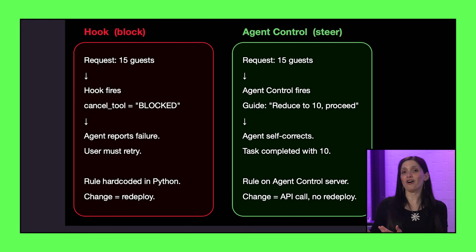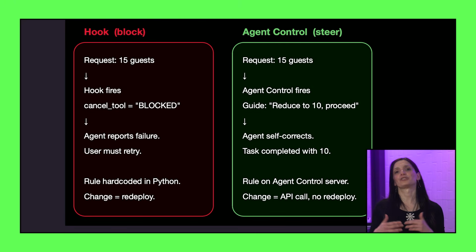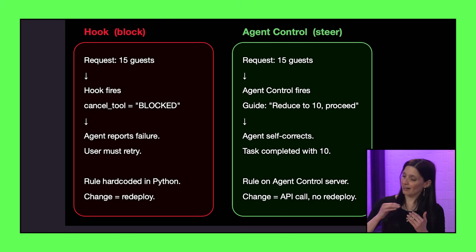That is steering. Here on the left, the hook fires and the task fails. It blocks. On the right, agent control steers the model and the task completes. The other difference is operational. With hooks, changing a rule means changing code and redeploying.